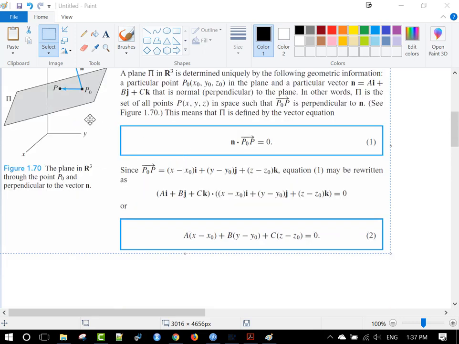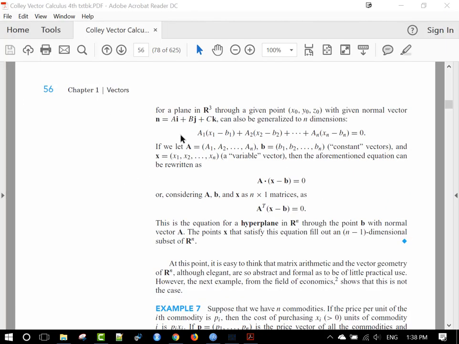And P0, P, this vector here is given like this. And so if you expand this out with the normal vector being A, B, C like that, then you're writing n dot this equals 0, which can then be written like this. And we can generalize that to this if we have n dimensions instead of just 3, as in the last picture.